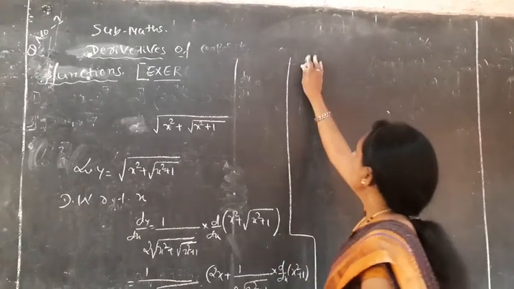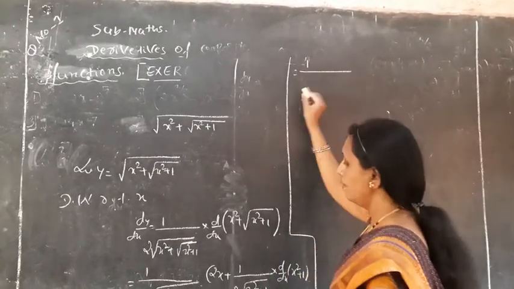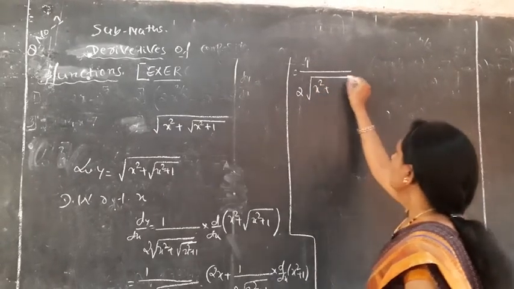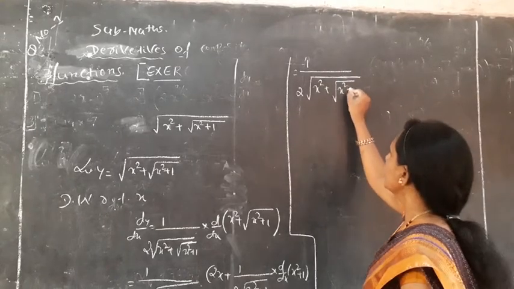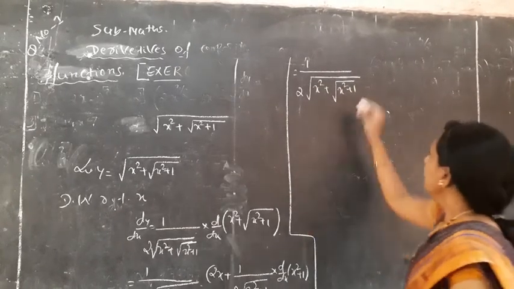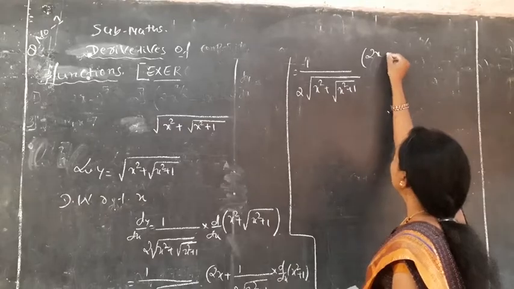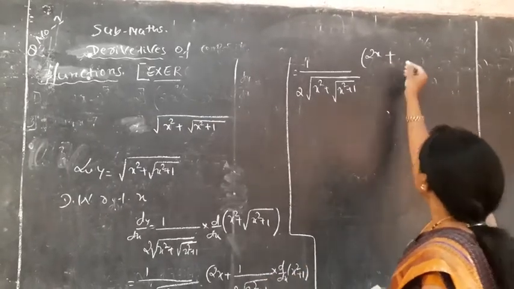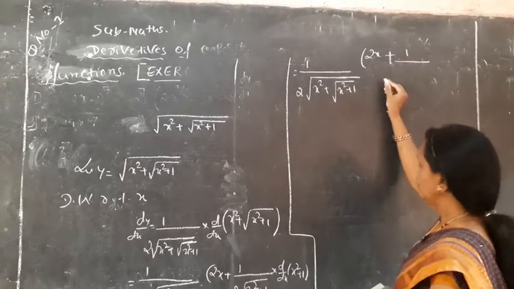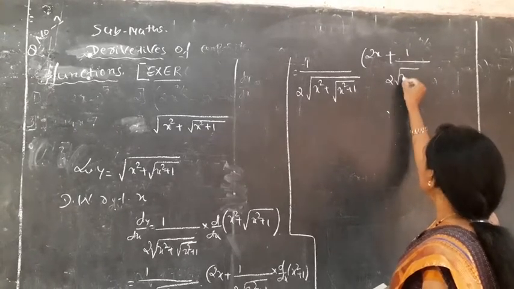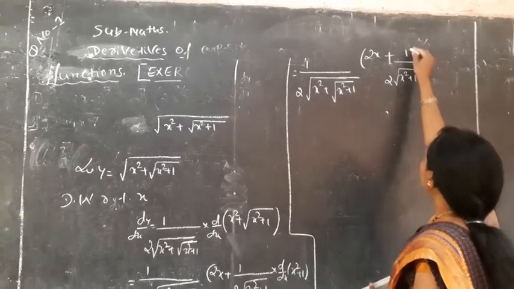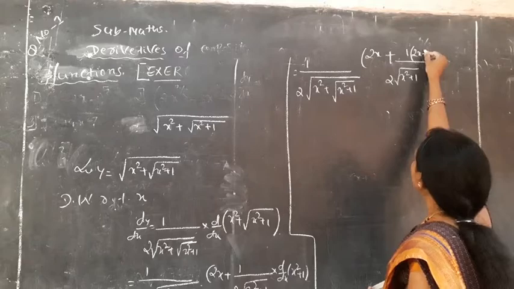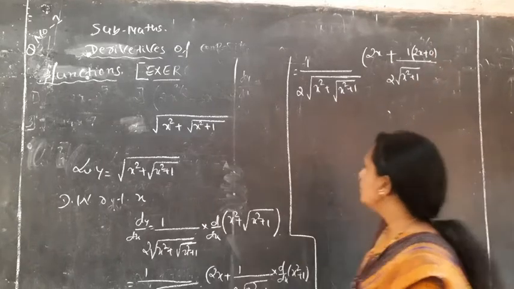See, this is equal to, we can write 1 divided by 2 square root of x square plus square root of x square plus 1 into the bracket 2x plus 1 upon 2 square root of x square plus 1, and differentiation of x square is 2x and differentiation of 1 is 0.